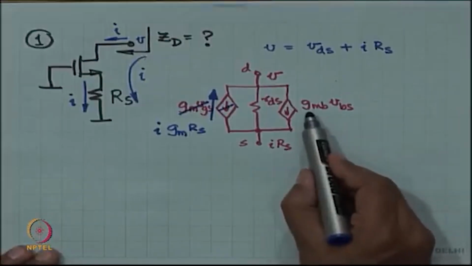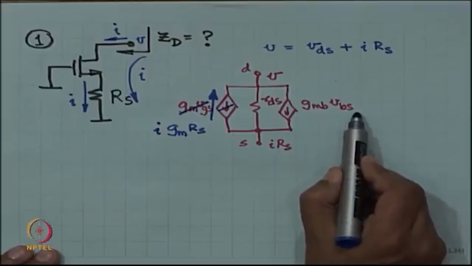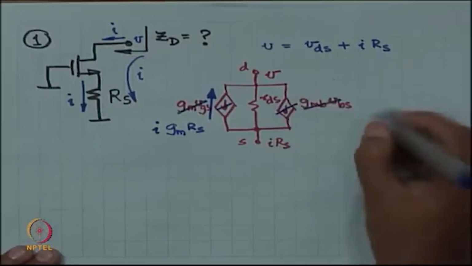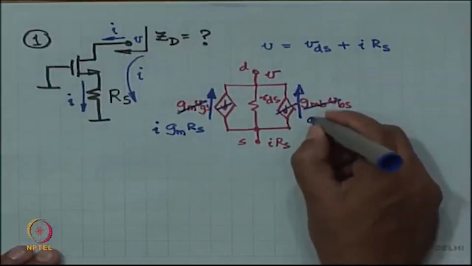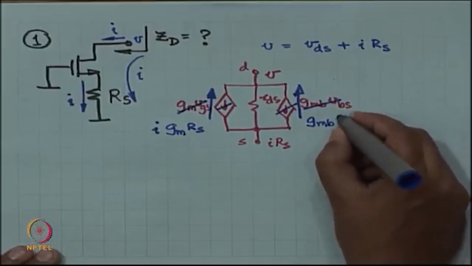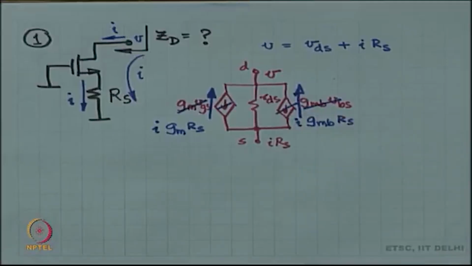And likewise, this is GMB times VBS, body is at ground, source is at I times RS, which means I am going to correct this to point upwards, and the value is now going to be GMB times RS times I. Fine.